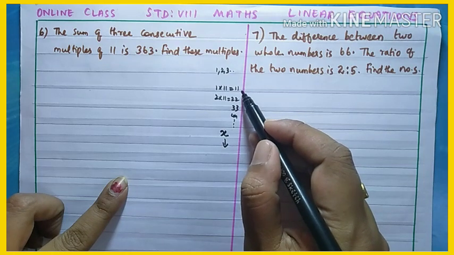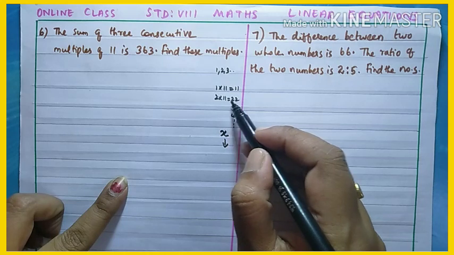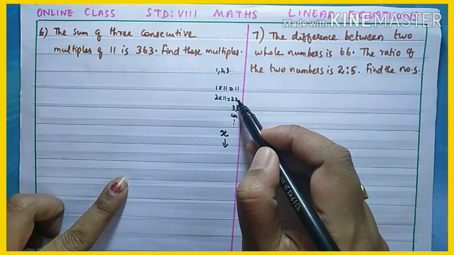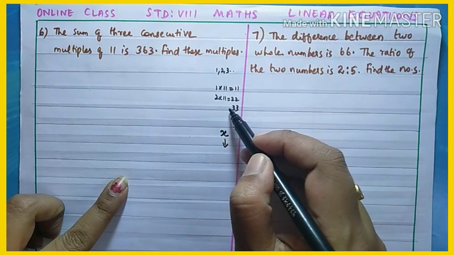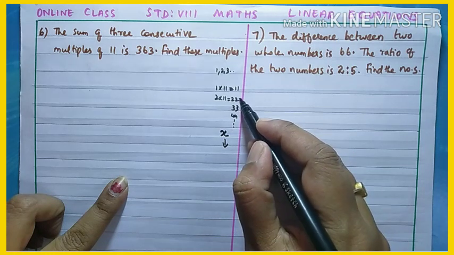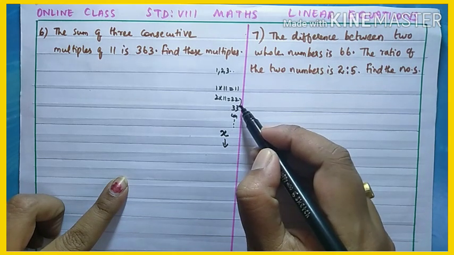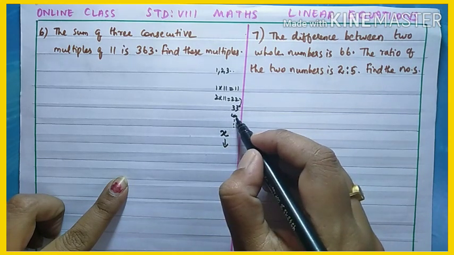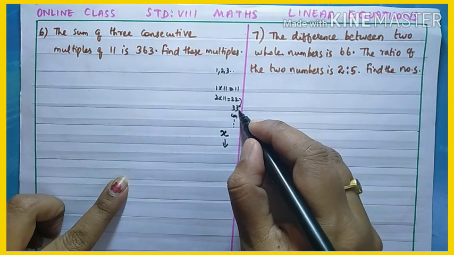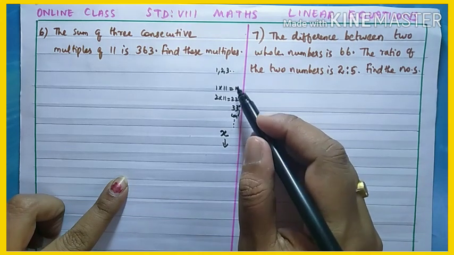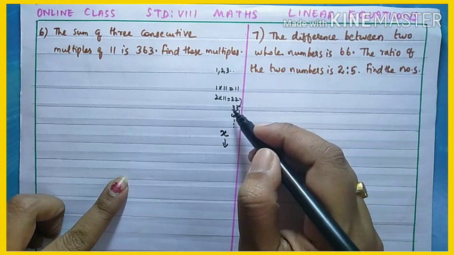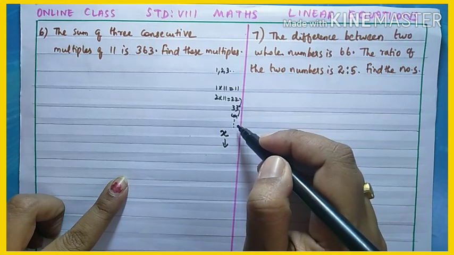You are adding 11, correct? So 2 11s are 22 means 11 plus 11. Again 3 11s are 33 means again with this 22 you add 11. And 4 11s are 44 means with this 33 you add 11. So 11 table, 11 multiples means we are adding 11 to the next numbers.